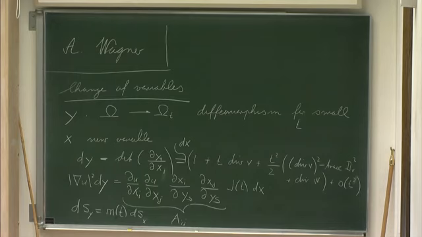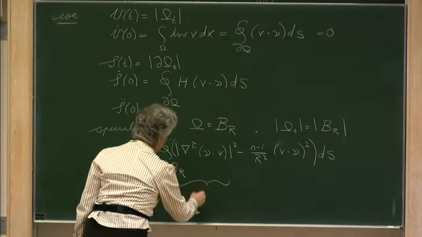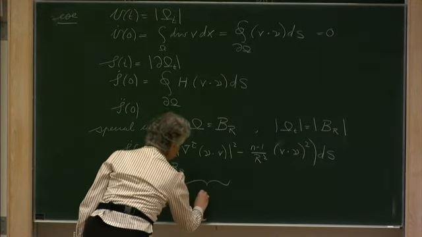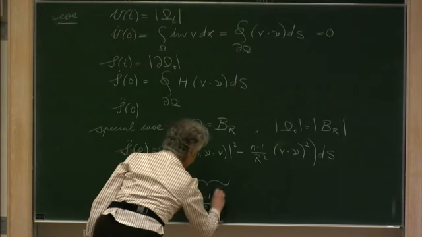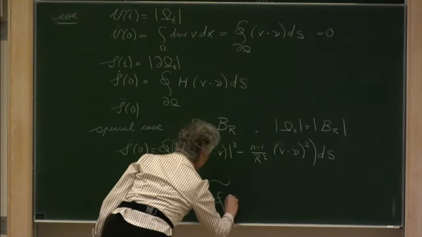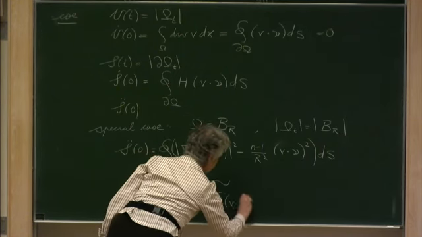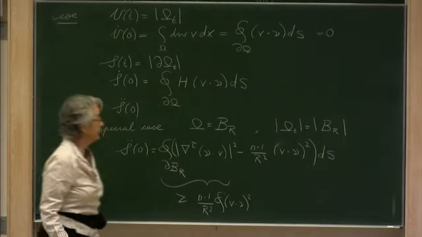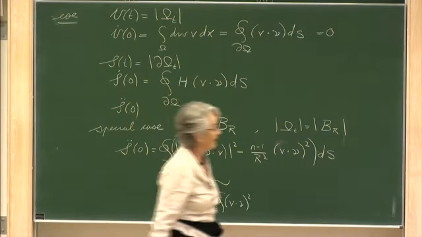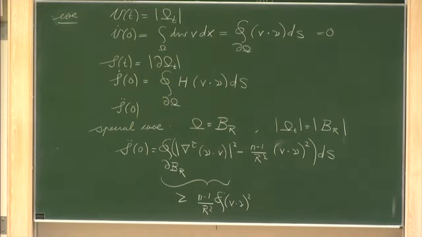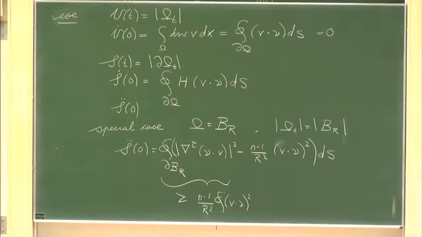The second eigenvalue of the Laplace-Beltrami operator on the ball is (n minus 1) over R squared. So this is really consistent with the fact that the ball is an extremum.